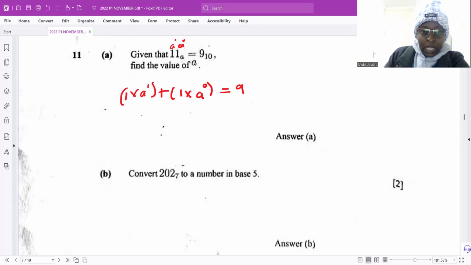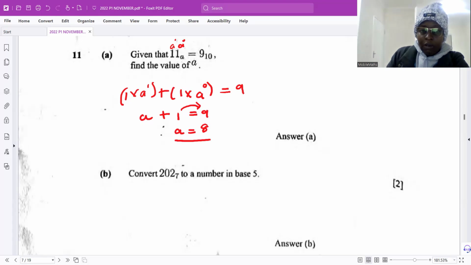So this becomes A plus 1 here, because A to the power of 0 is 1, equal to 9. Taking the 1 across, it becomes minus. So I have A is equal to 9 minus 1, which is 8. So our value for A is base 8.